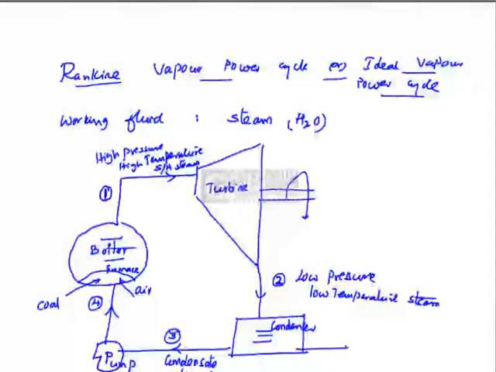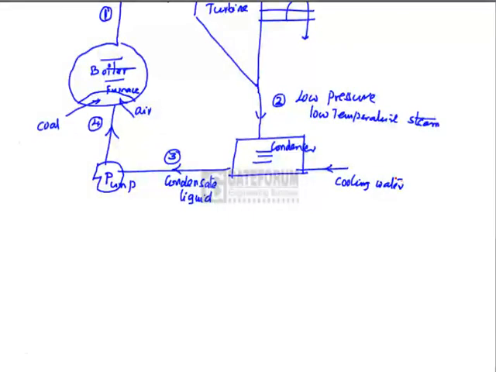Into the condenser we shall supply cooling water to pick up the heat from the condensing steam. The water after picking up heat will go out. The steam condenses at very low pressure in the condenser. So we get condensate liquid water. The steam condenses into saturated liquid.